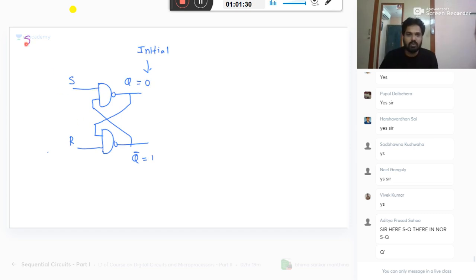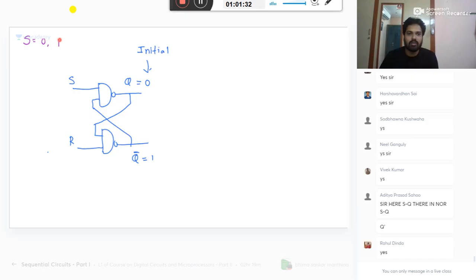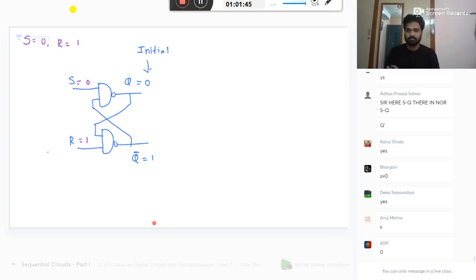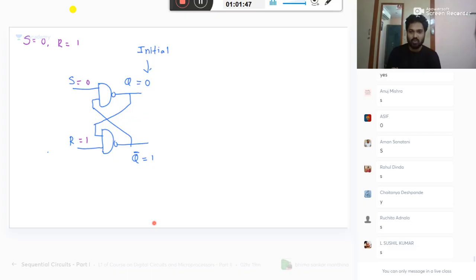For S equal to 0, R equal to 1. Is there any disable input? Please comment. Yes, where you have S equal to 0. So what is your method? The other input, whatever you had previously, doesn't matter.